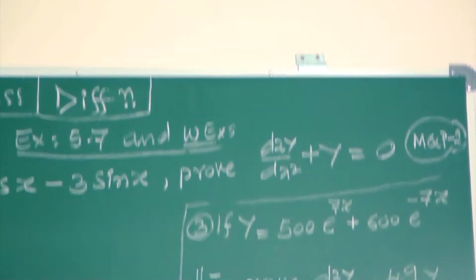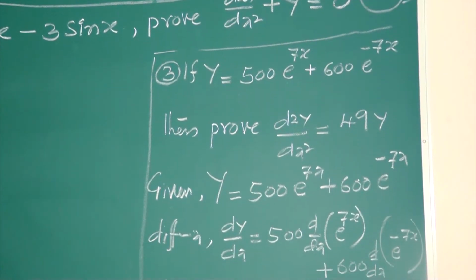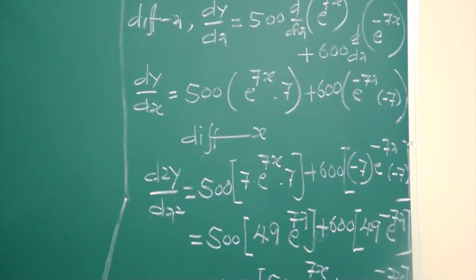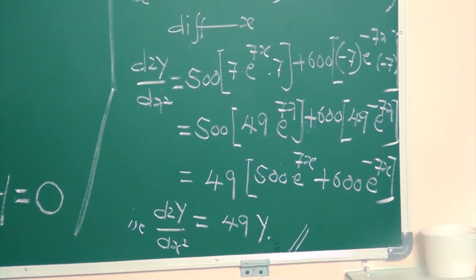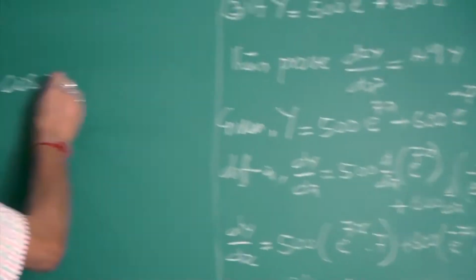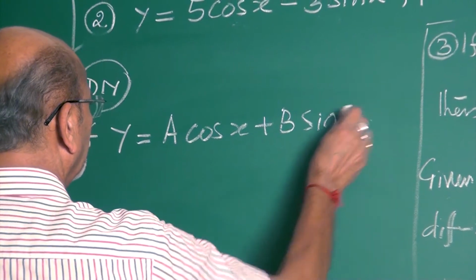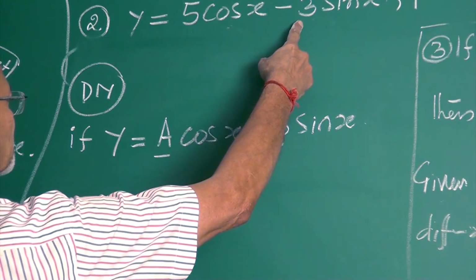This you do at home, DIY. Same parallel example. DIY: if y equals a cos x plus b sin x, instead of some numbers, 5 is there, minus 3 is there.